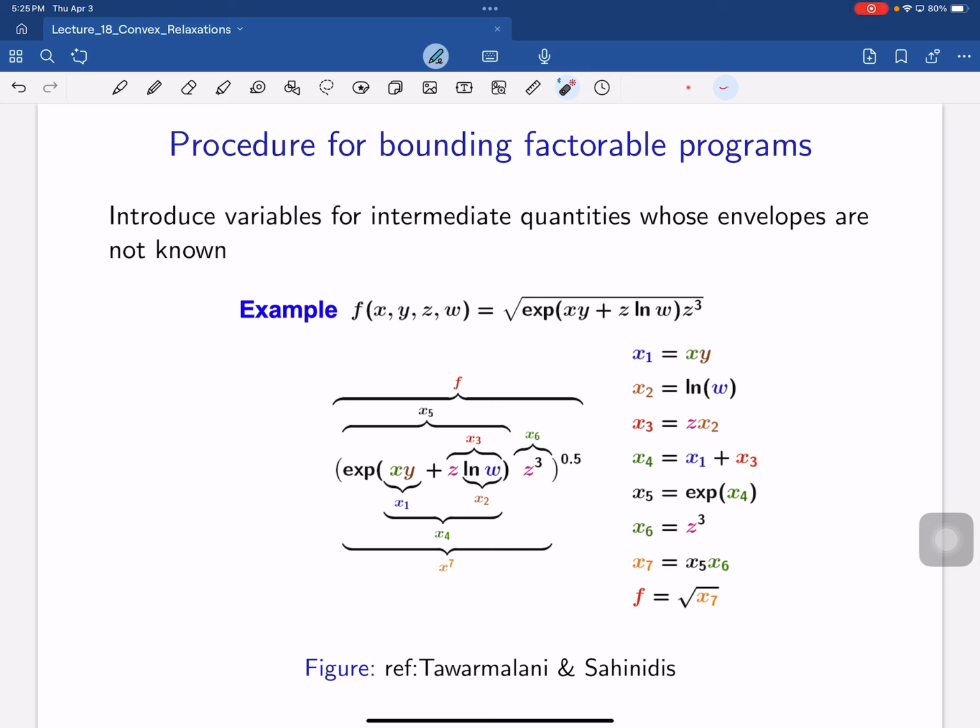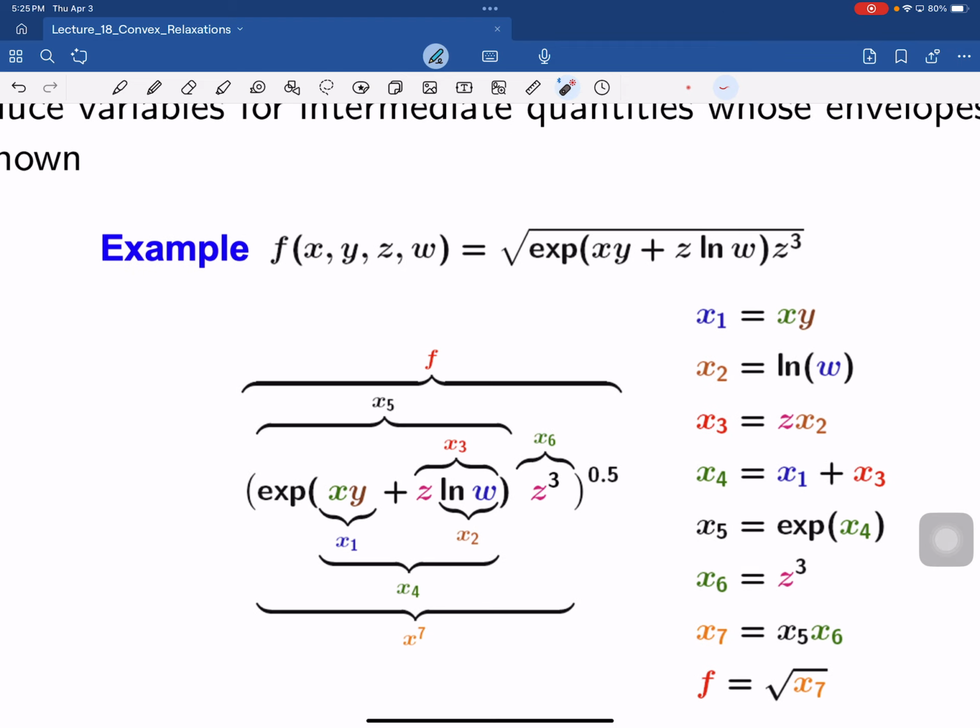Just like you said, if you have a polynomial function, you can always decompose it into bilinear terms and apply McCormick, right? So let's see how we do that, okay? So the idea is to apply these types of relaxations recursively to the problem.